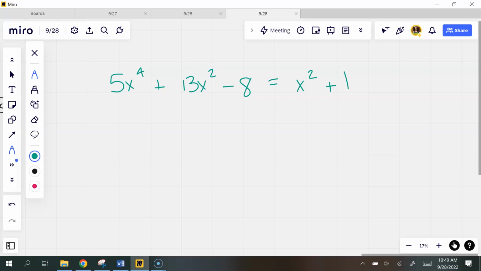Can't do a quadratic formula unless it's a quadratic. No, that's not what makes it a quadratic. All right, let's make it equal 0.